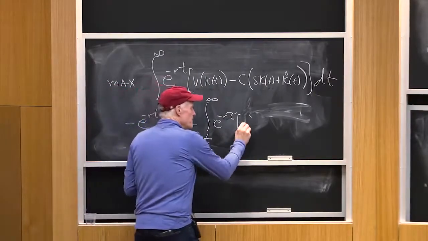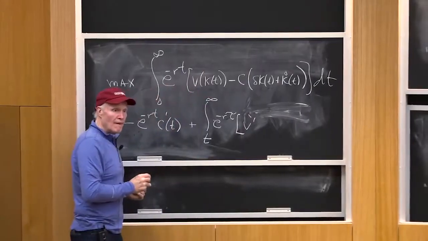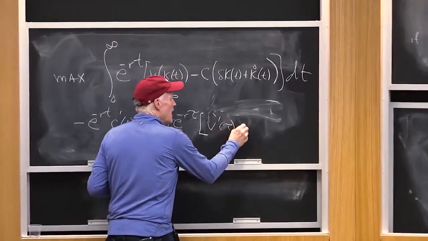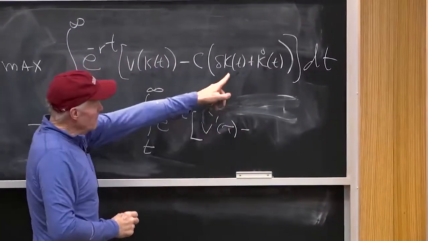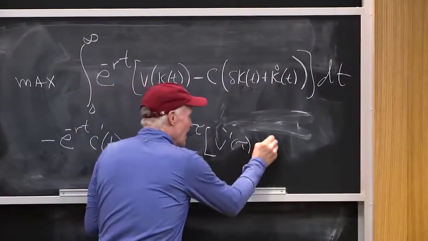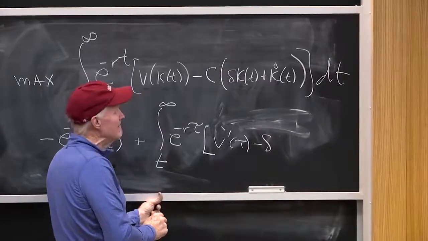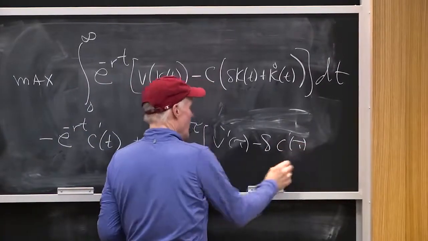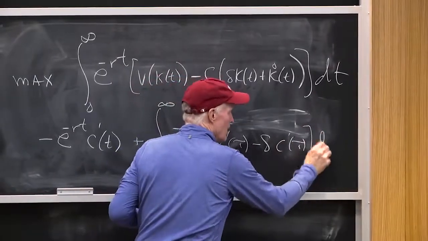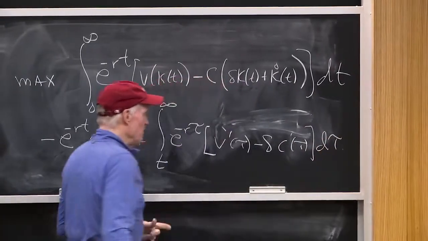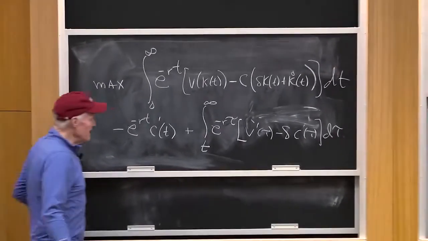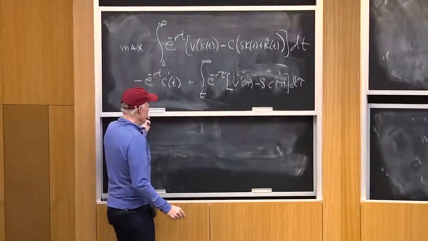So I'm going to get a v prime at tau minus, I'm going to have another unit of k, delta c prime of tau d tau. All right?